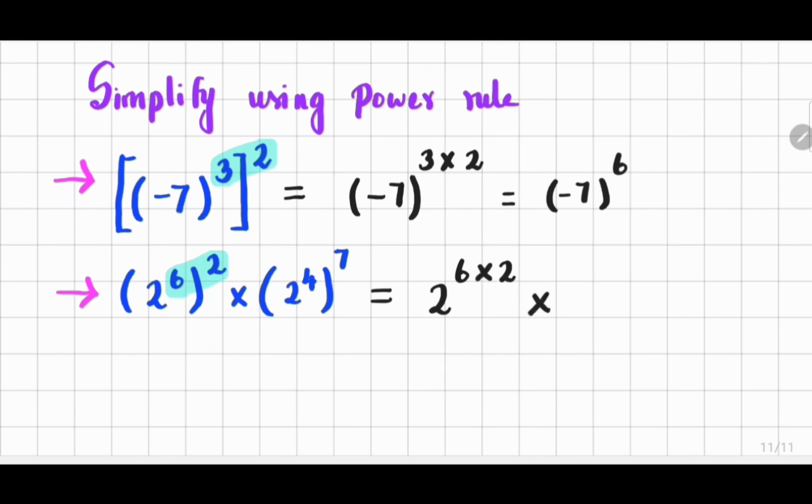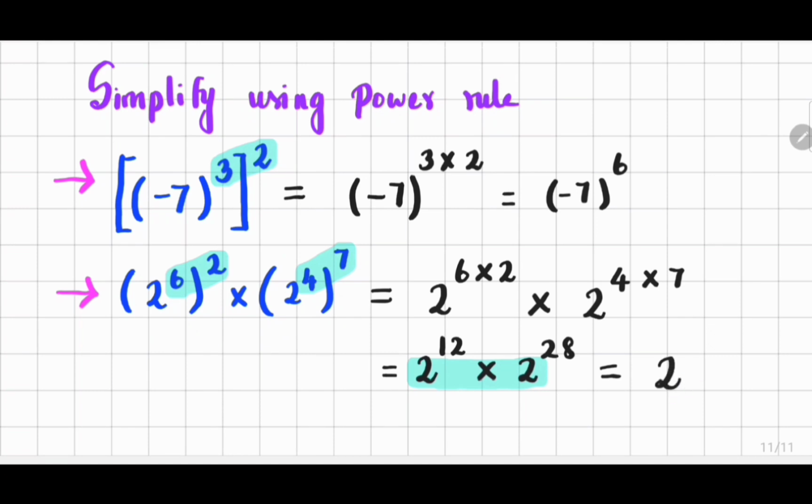Similarly, by applying the power rule to 2 power 4 the whole power 7, we get 2 power 4 times 7, which equals 2 power 12 multiplied by 2 power 28. Since bases are same here, we can apply the product rule, which says that write the base and add the powers. Consequently, 2 power 40.